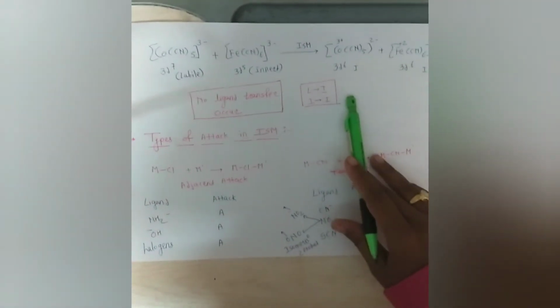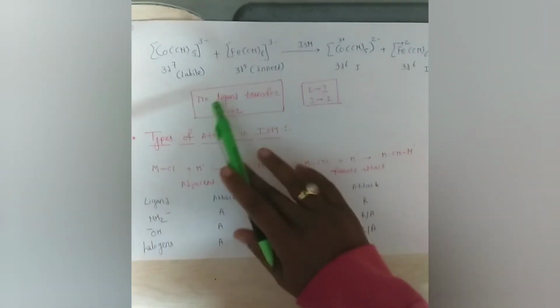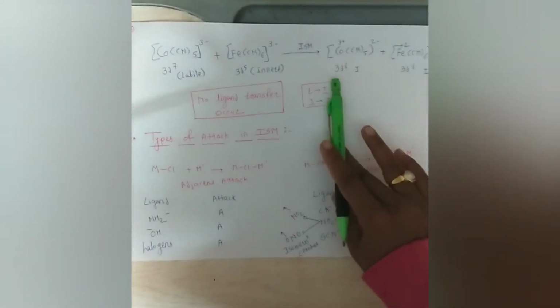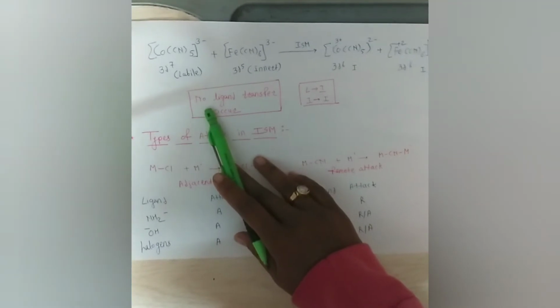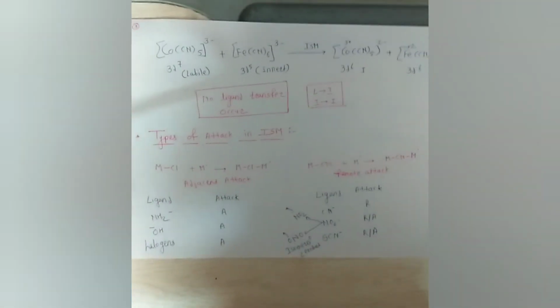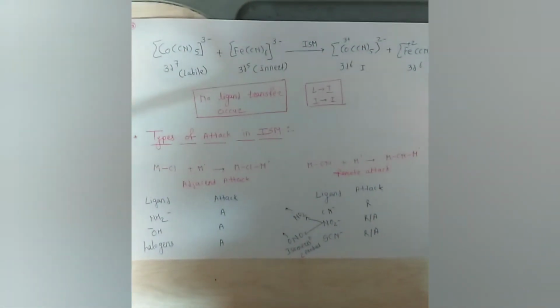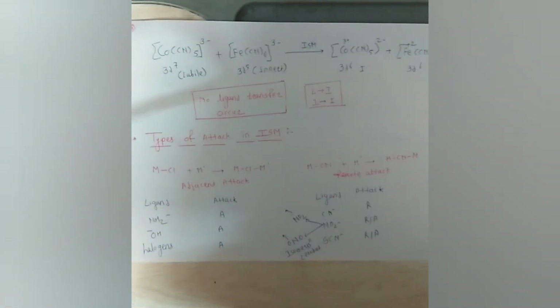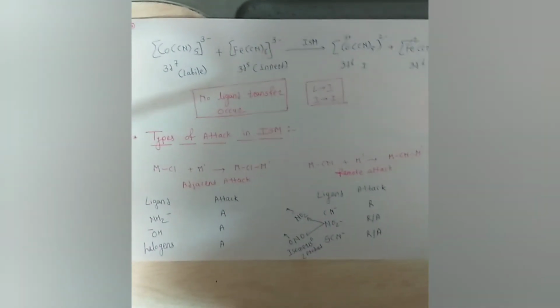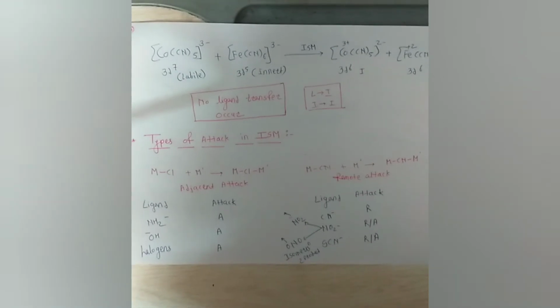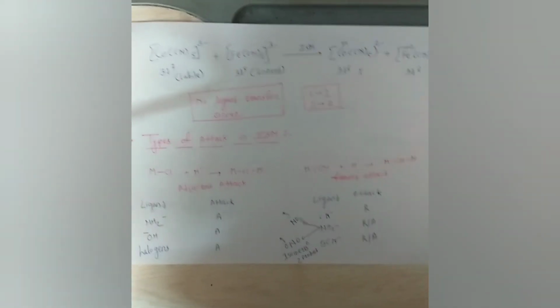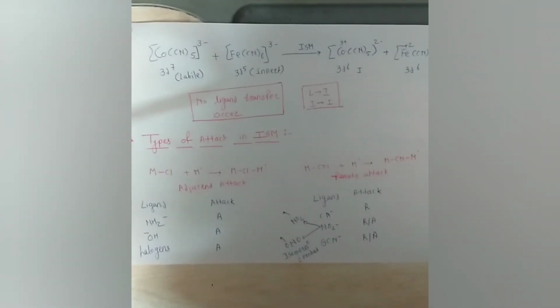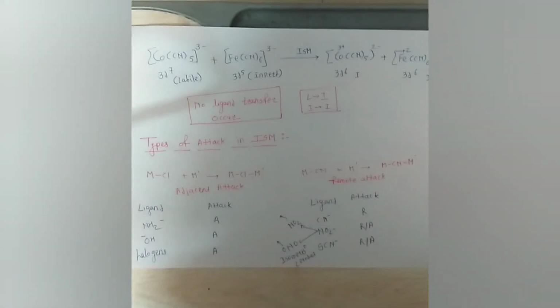So in this particular case there is no transfer of ligand, and therefore such a reaction is a reaction without ligand transfer. So I hope you are clear on all the concepts of the reaction with ligand transfer and without ligand transfer.